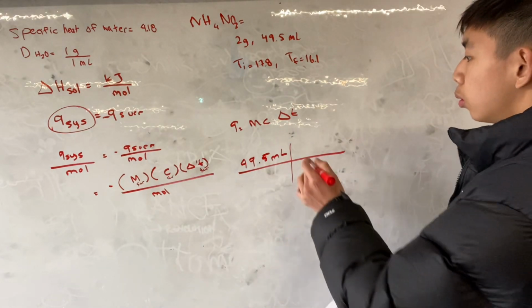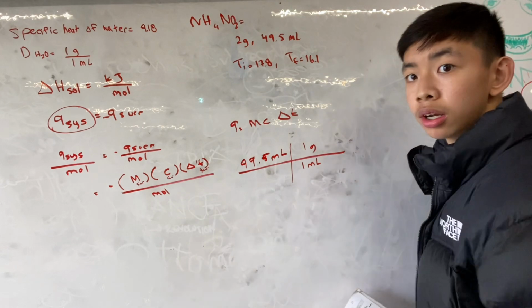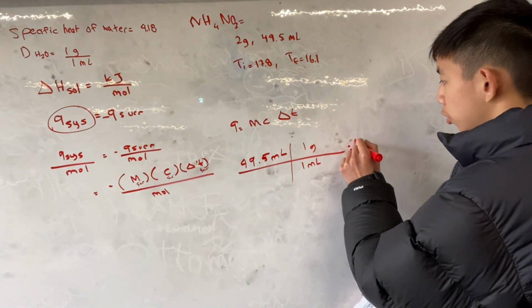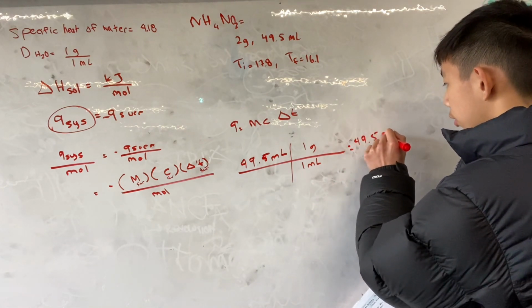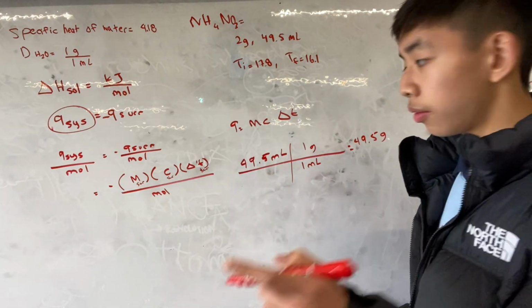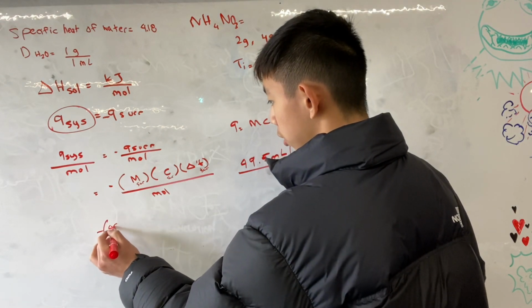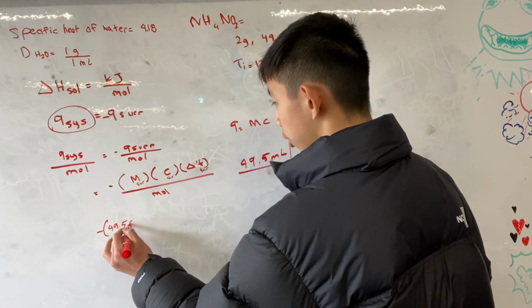So 1 gram per 1 milliliter, and this will equal still 49.5 grams. So the mass of the surroundings will be negative 49.5 grams.